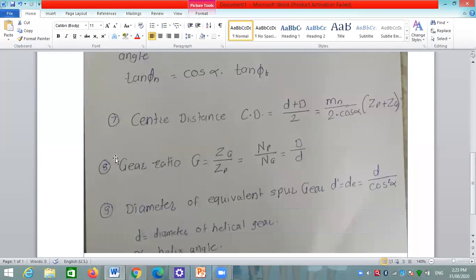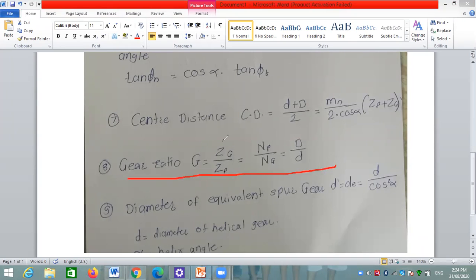Okay. Then the next formula is gear ratio. Gear ratio is always denoted by G, and it is equal to Zg divided by Zp, or it is also equal to Np divided by Ng, or it is equal to capital D divided by small d.